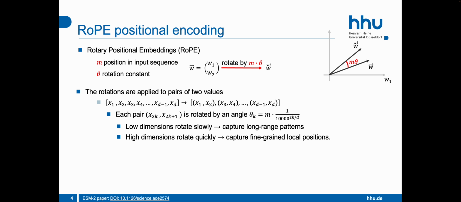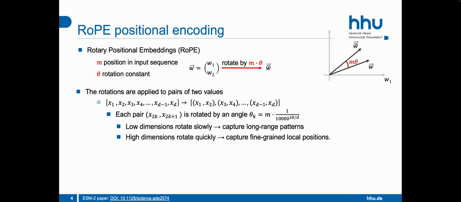If the dimension is larger than d equals 2, the rotation is applied to pairs of values instead of the whole embedding vector. So we take pairs of values, for example, x1, x2, x3, x4, and so on. The reason why we apply the rotation to pairs of 2 values is because rotating 2D pairs is mathematically simple. It preserves the structure of the embeddings, and it avoids the complexity and inefficiency of rotating high-dimensional vectors directly.